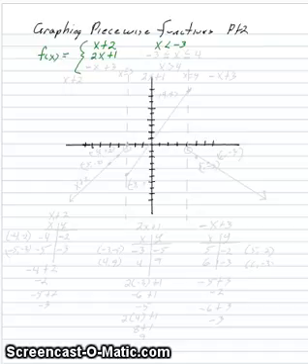The expression 2x plus 1 on the interval -3 is less than or equal to x, which is less than or equal to 4. So that's the interval -3 to 4. And negative x plus 3 on the interval x greater than 4.